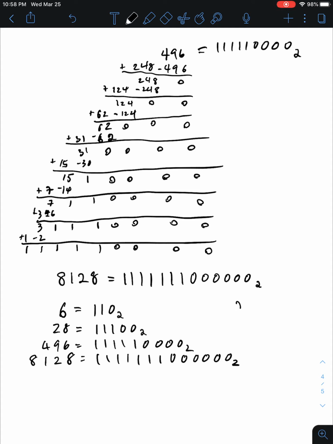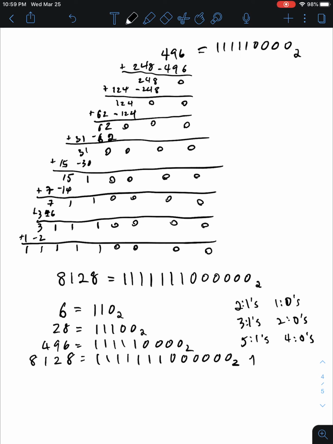But in this first one, there's 2 ones and 1 zero. 28, there are 3 ones and 2 zeros. 496, there are 5 ones and 4 zeros.